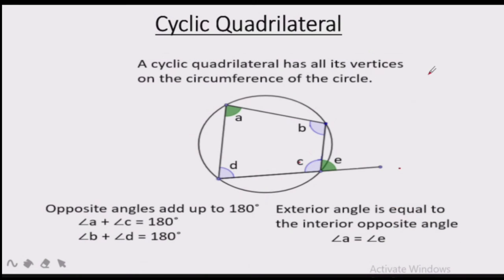Let's say we had a quadrilateral that has one vertex, or one point of that quadrilateral, not touching the circumference. And let's call this E.